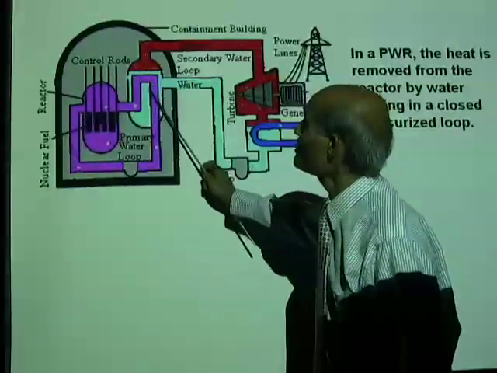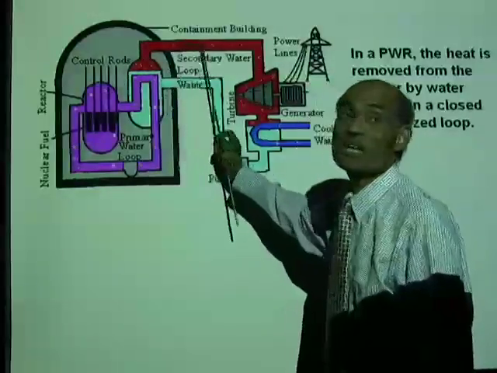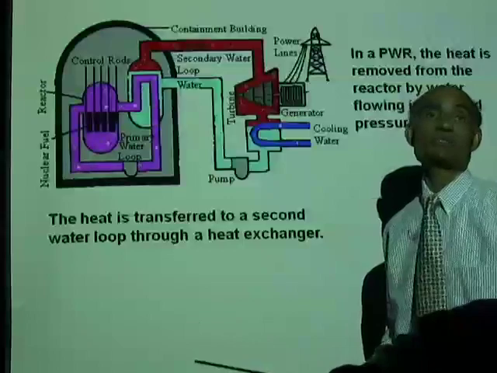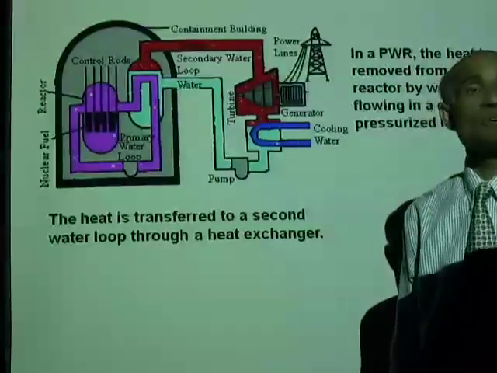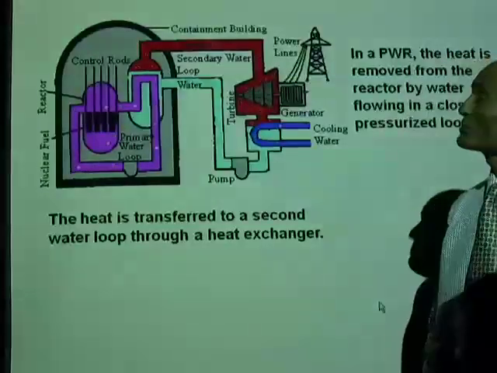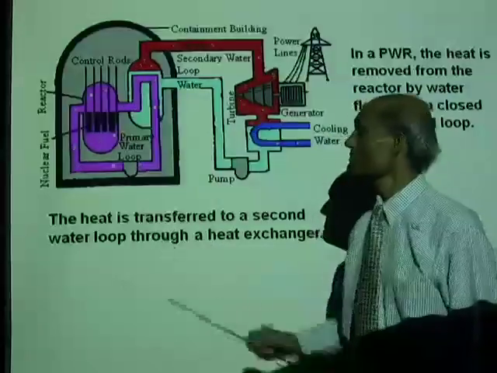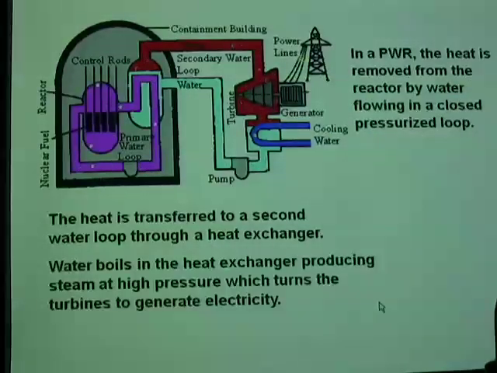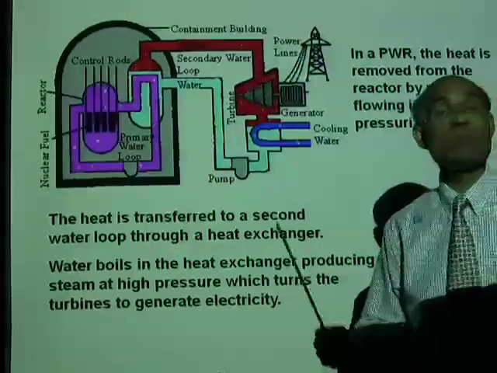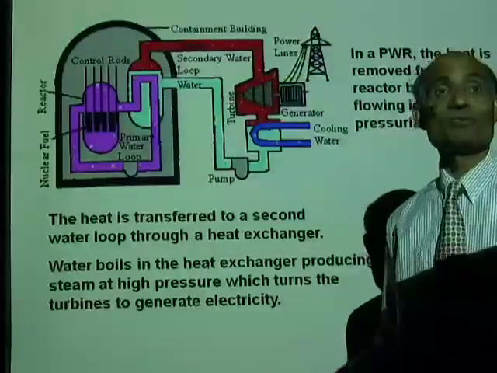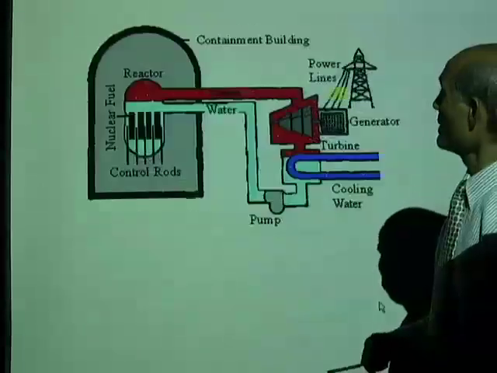The secondary water circulating system will absorb the heat, will generate steam, which is then used for producing electricity. So the heat is transferred to a second water loop through a heat exchanger. This is the heat exchanger. Water boils in the heat exchanger, producing steam at very high pressure, which then turns the turbine, producing electricity.